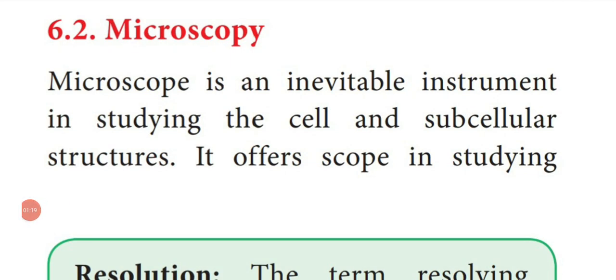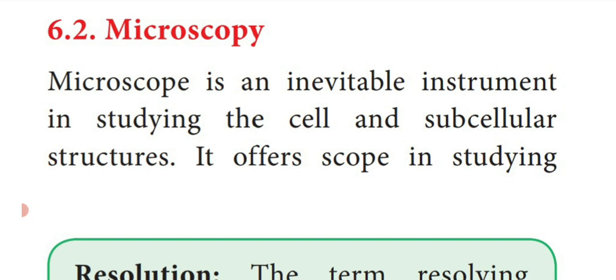Dear students, see the topic microscopy. So a microscope is an instrument. It is used to study the cell and subcellular structure. With the help of this microscope only, we can study microscopic organisms, so this instrument is known as a microscope.